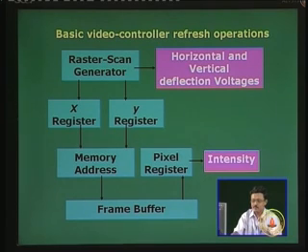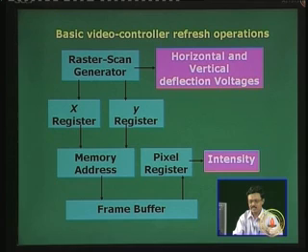Okay. What does it do? Well, you have a block called the raster-scan generator, which will automatically keep doing this refreshing. We haven't talked about video basics and refreshing yet, we will do that, but basically the raster-scan generator keeps generating automatically the horizontal and vertical deflection voltages corresponding to the addressable point in memory from the frame buffer.